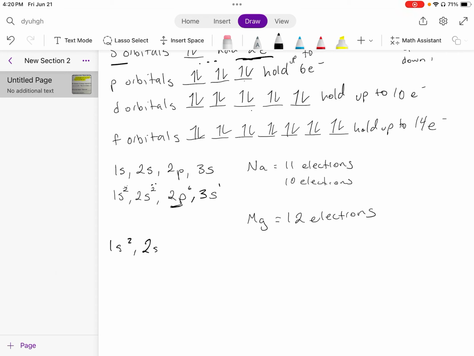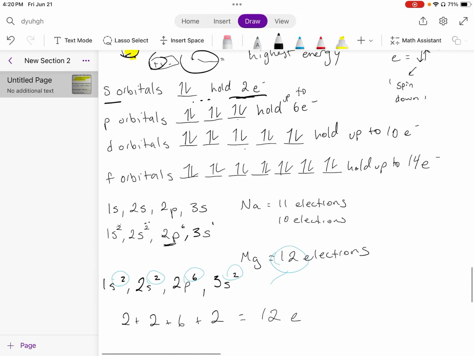The 1s is full, the 2s is full, the 2p is full, which means there's 6 there, and the 3s will be 2. And a way you can check is to just add up all of these exponents, and it should equal your atomic number. So let's check that. 2 plus 2 plus 6 plus 2, lo and behold, equals 12.